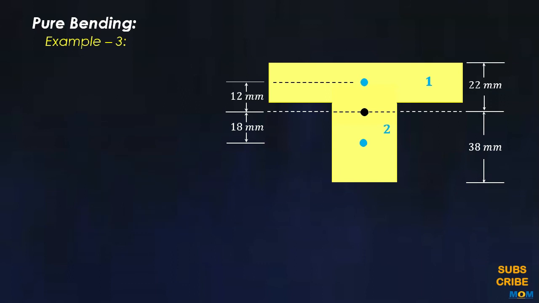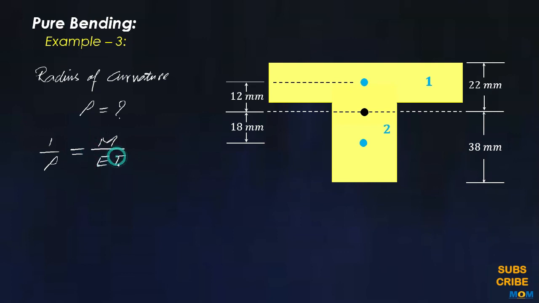Now for the calculation of radius of curvature, that is rho, we would be using the bending equation as 1 upon rho is equal to M upon EI. Now E is the Young's modulus and I is the moment of inertia.